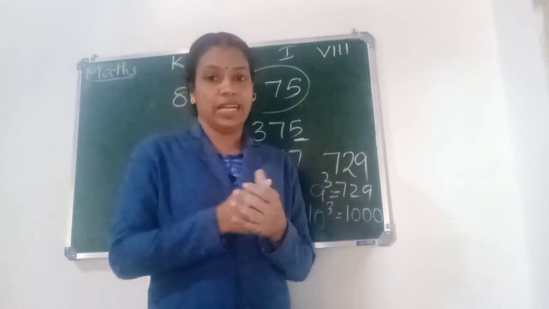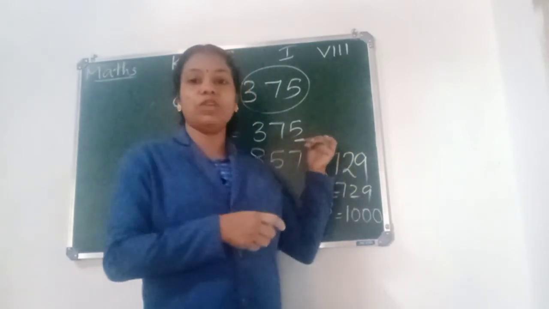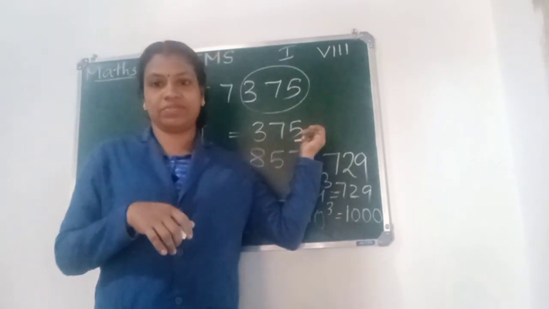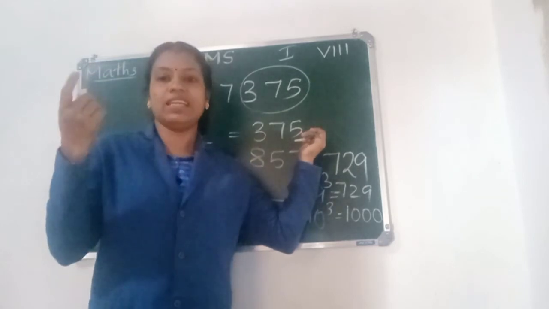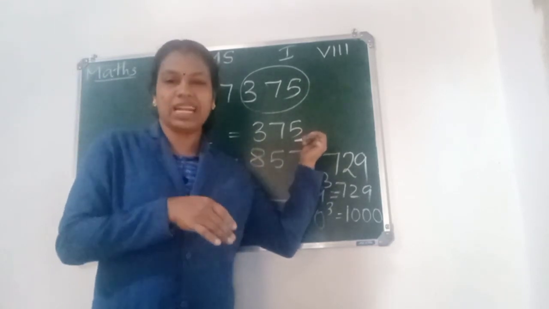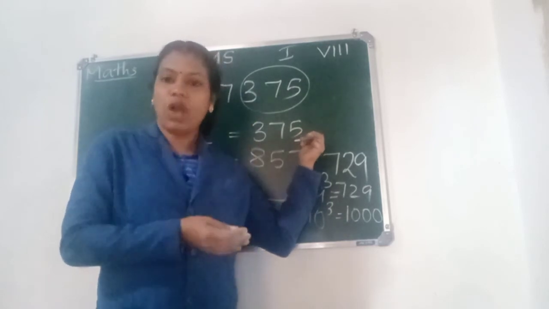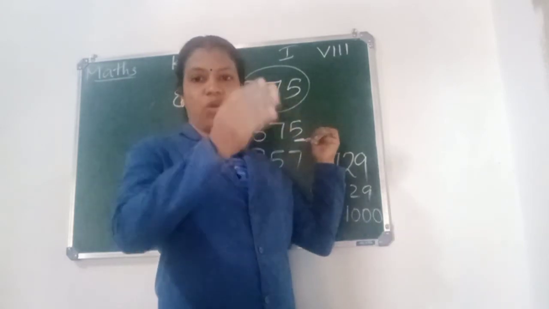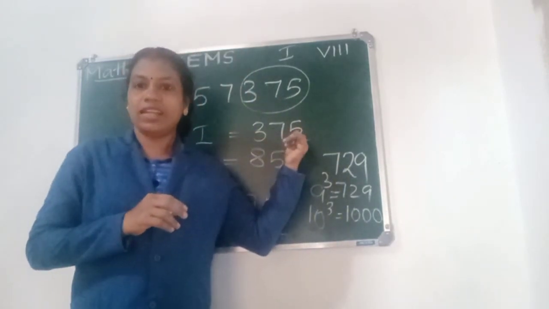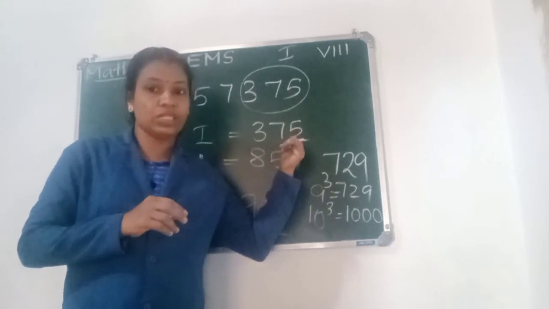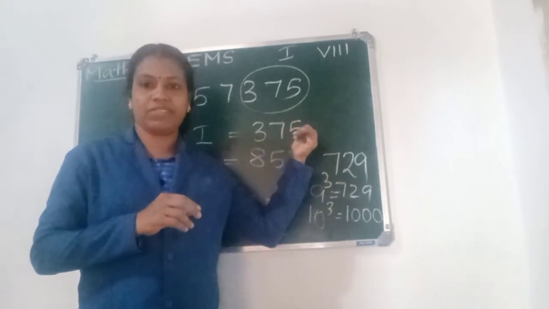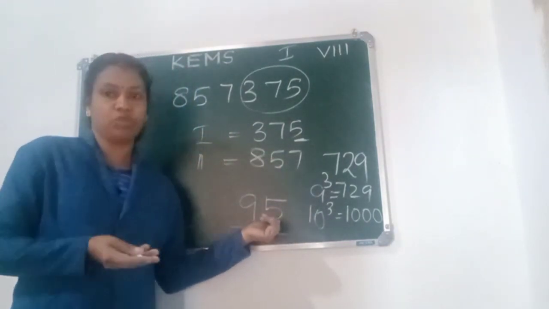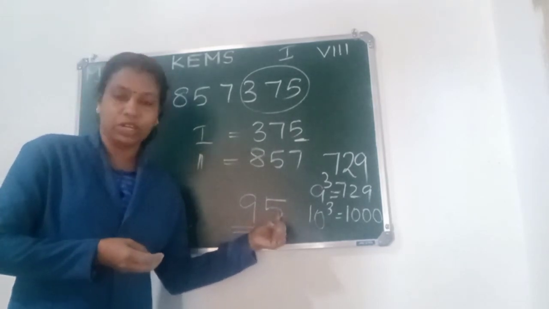Here the unit digit is 5, so the cube root ends in 5 itself. If the number ends in 1, its cube will end in 1, like that, then reverse order. So take that 5 as the unit place digit of the required cube root.